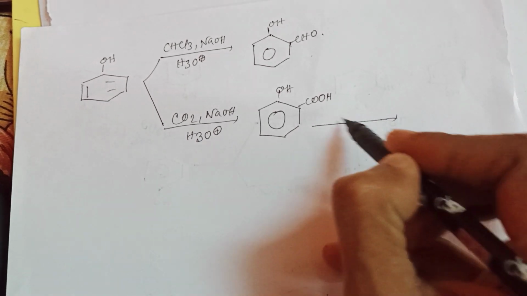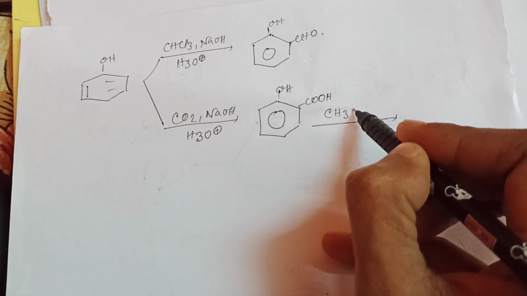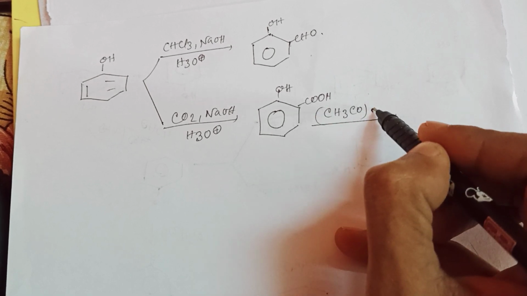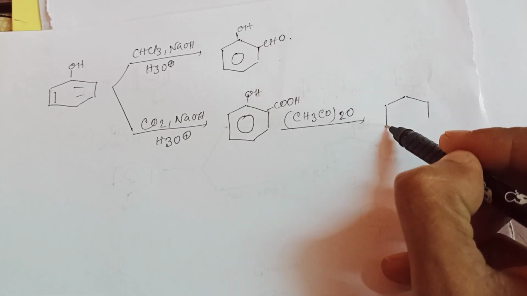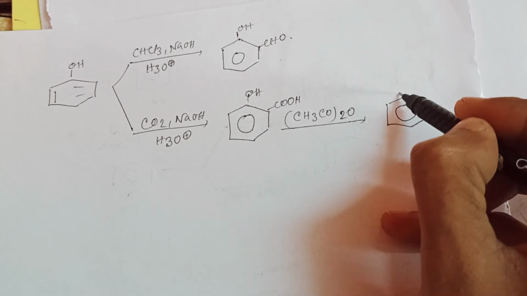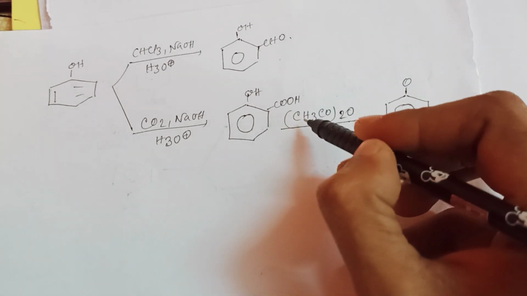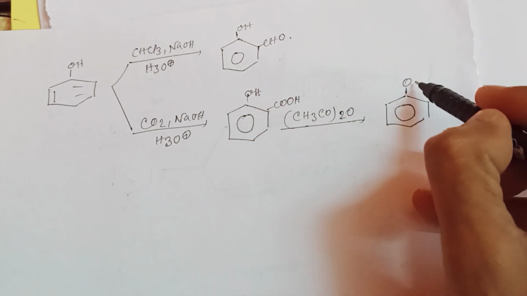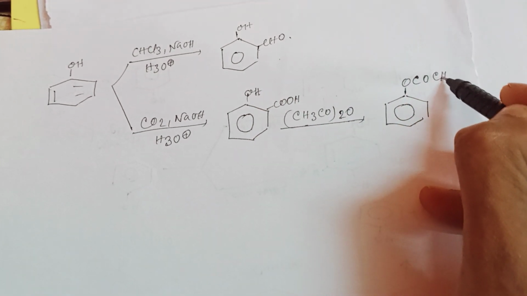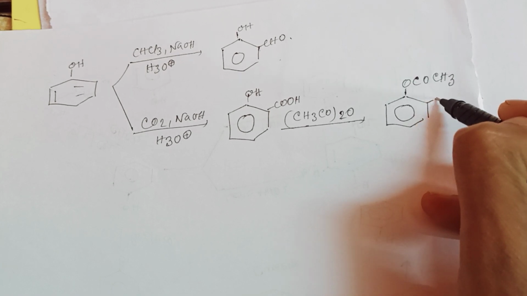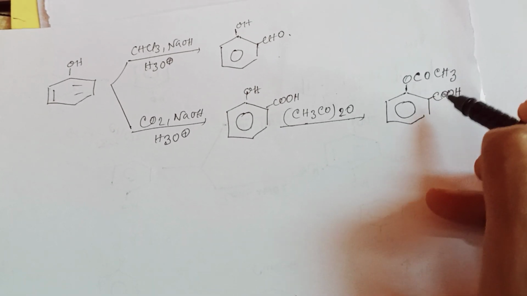In the presence of acetic anhydride, CH3CO, it forms aspirin. All the reactions are from NCERT. It is acid and it is base, that's why the OH bonds with COCH3 and the COOH remains.